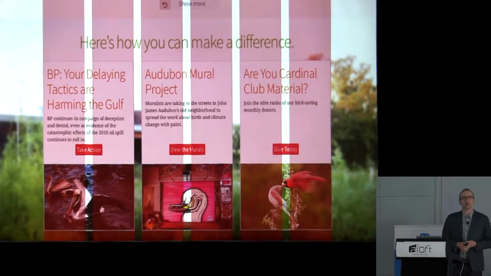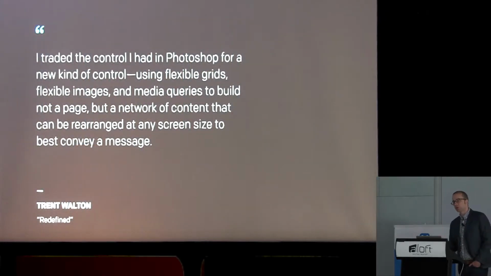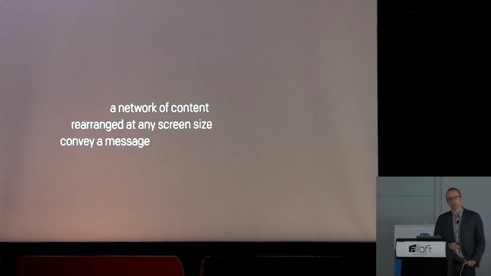A good friend and colleague of mine named Trent Walton talked about his transition from kind of a responsive design skeptic into somebody who I would argue is doing some of the best cross-device work out there today. And he said that he traded the control he had in Photoshop for a new kind of control, one in which he could use the ingredients of responsive design, flexible grids, flexible images, and media queries to build not a page, but a network of content that can be rearranged at any screen size to best convey a message.